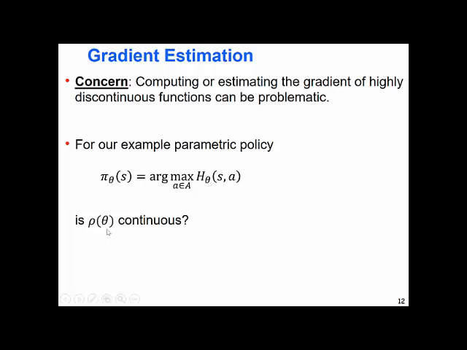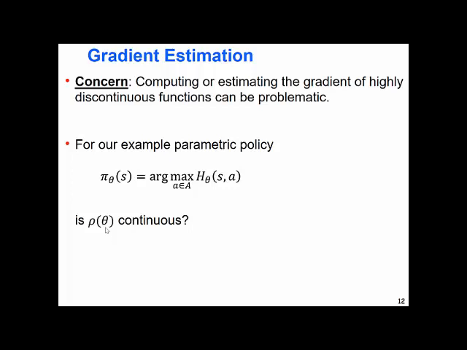What we want to talk about is the continuity of the value of that policy. Gradient descent tends to work best if you have nice continuous functions. When it can really screw up is when you have functions that will be up here and then all of a sudden be down here, a discontinuous change. That can be really confusing to gradient descent algorithms and cause them to go bonkers, because they can end up in places that they can't recover from.